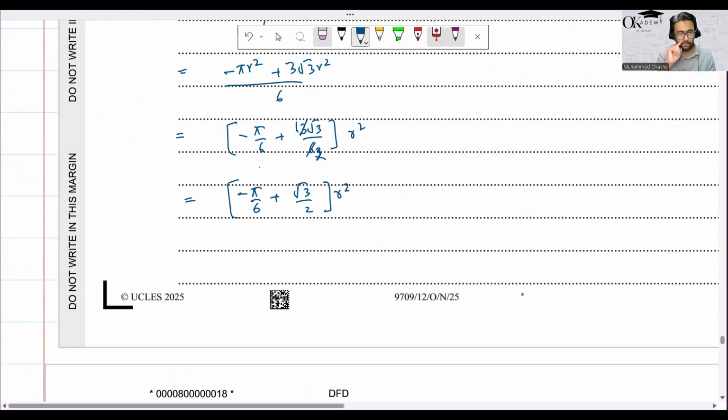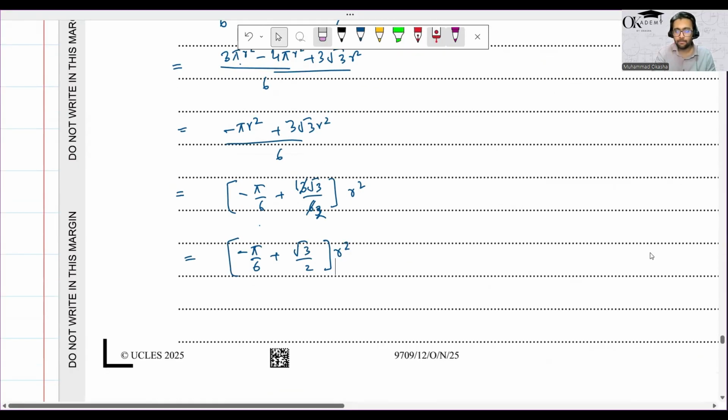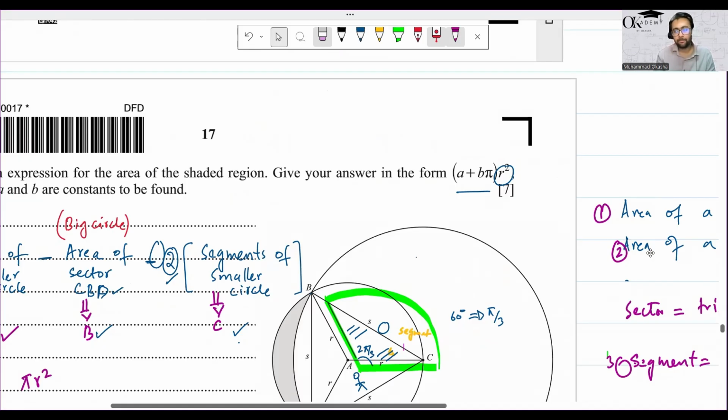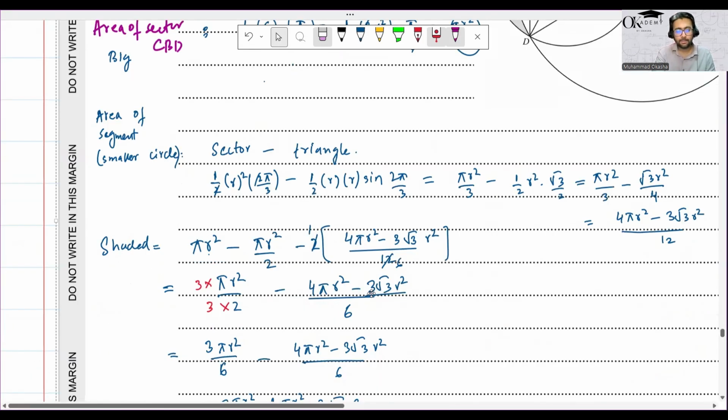Why did I go to all of this length? Because I wanted to prove the shaded area in this form, a plus b pi, and at the end I wanted to have r squared, and that's exactly what I got.